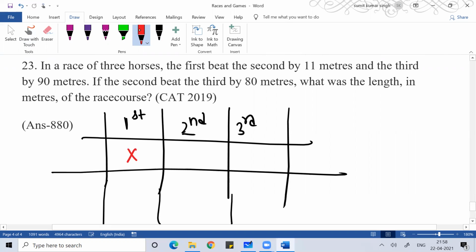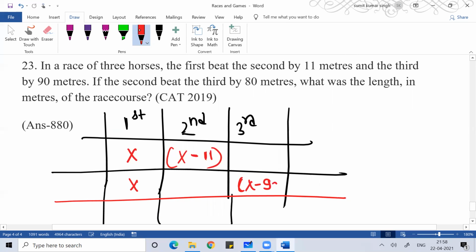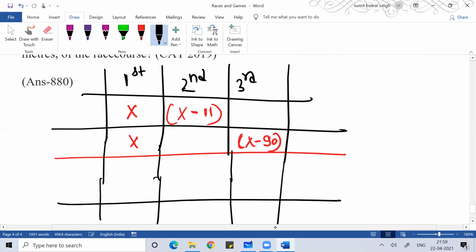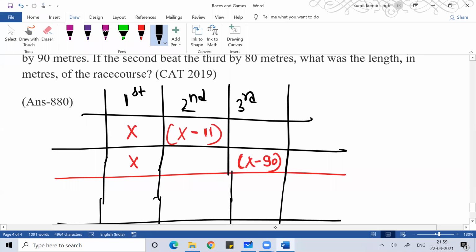So when the first runs x meter, the second runs x minus 11 meter, and the third runs x minus 90 meter. If the second beats the third by 80 meter, when the second runs x meter, the third runs x minus 80 meter.